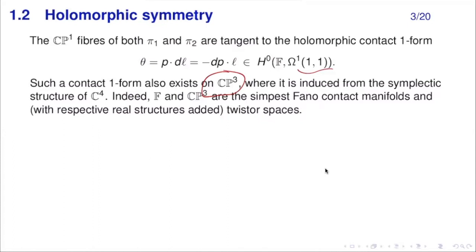And the point is these two threefolds are both Fano contact manifolds. And Fano contact manifolds are related, also in higher dimensions, to the twistor spaces of quaternion Kähler manifolds, something Joe Wolf understood a long time ago.